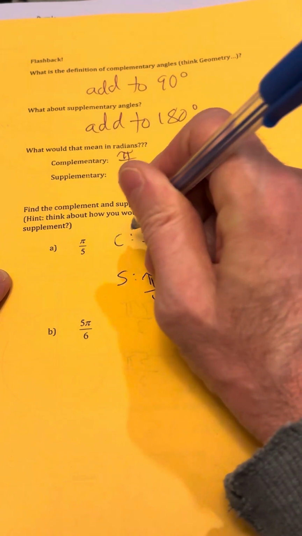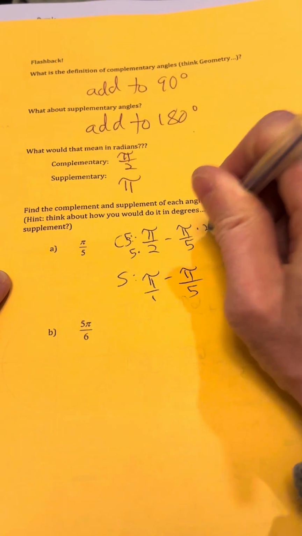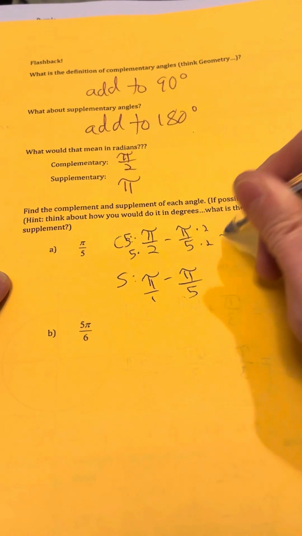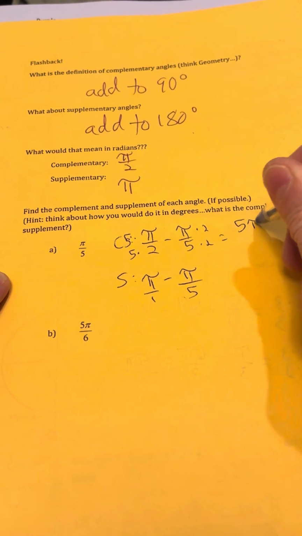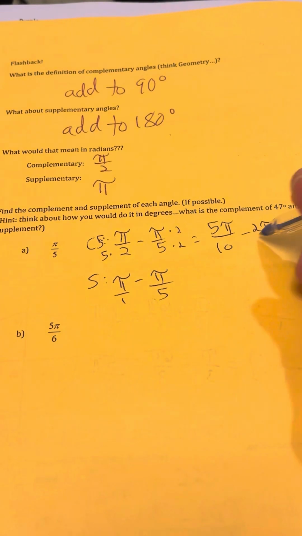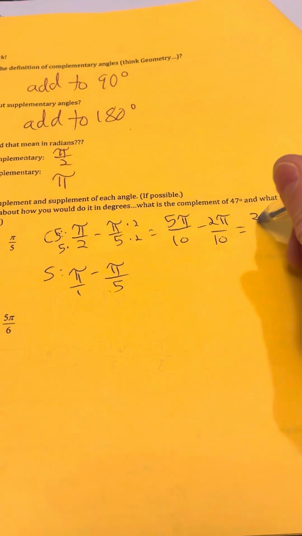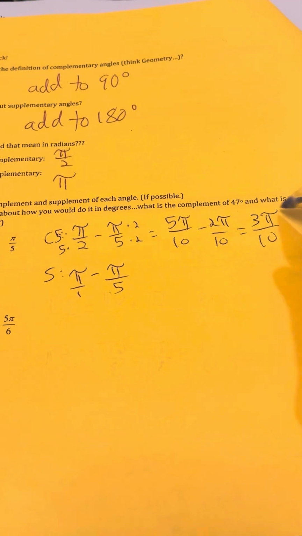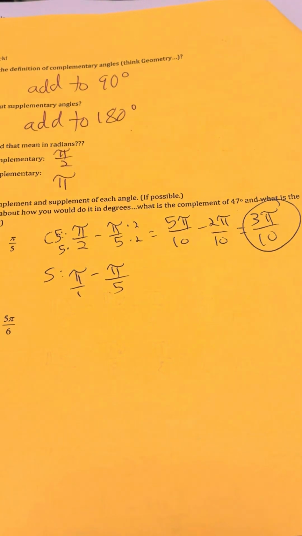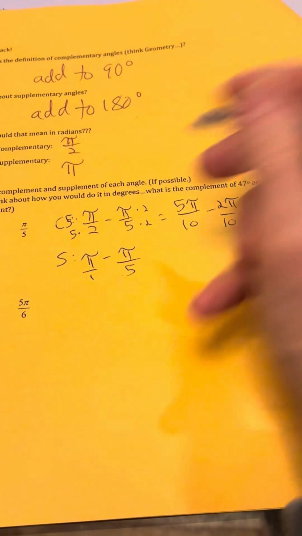For the complement, multiply 5 over 5, 2 over 2. So then that gives us 5 pi over 10 minus 2 pi over 10, which when you subtract those, the complement is 3 pi over 10. Very similar for the supplement. Now, this one's actually a little bit easier.